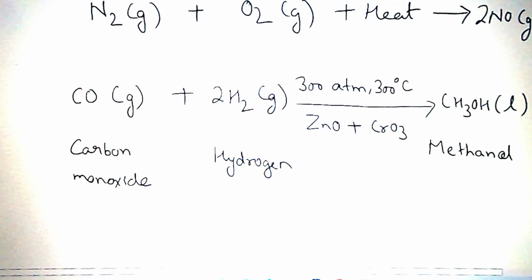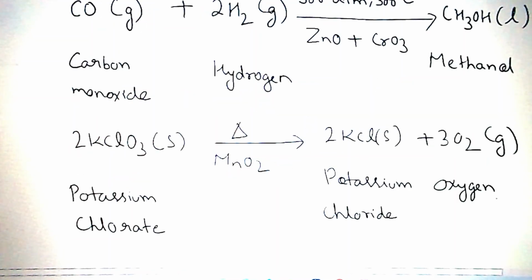Let us take another example. When potassium chlorate reacts, then potassium chloride plus oxygen are formed. This reaction takes place only when heat and magnesium oxide catalyst is given, then only this reaction is completed.